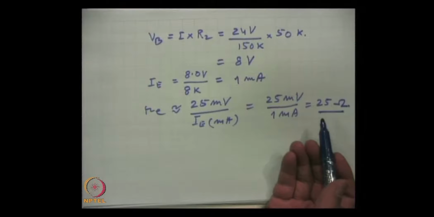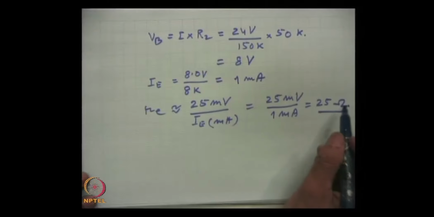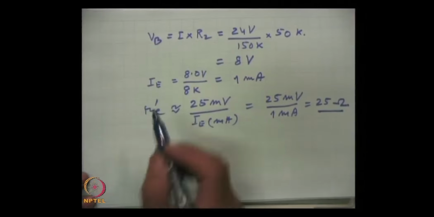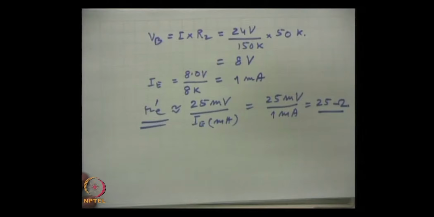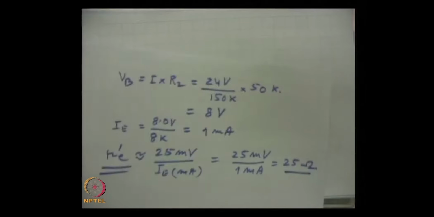So, this is the calculation of the emitter dynamic resistance.